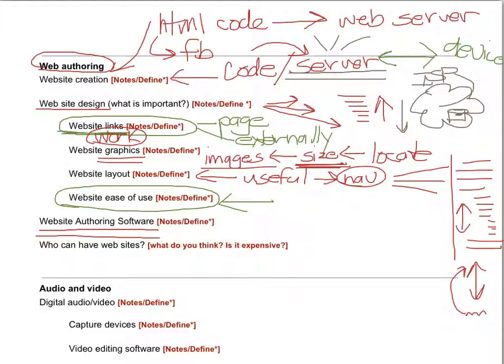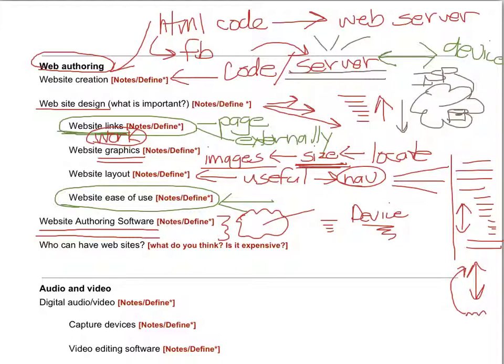There are a number of different website authoring software. Some allow you to do it via the internet, so there's software, an app in the cloud that allows you to create your website. You can get authoring software loaded on your device, and then it'll allow you to put together a website.